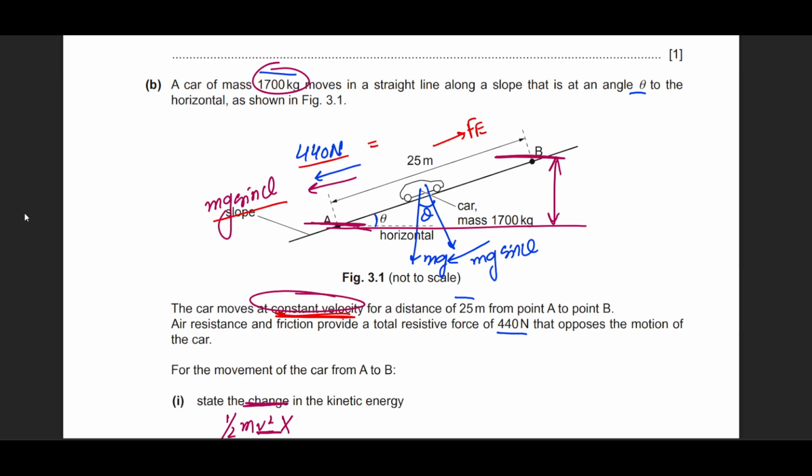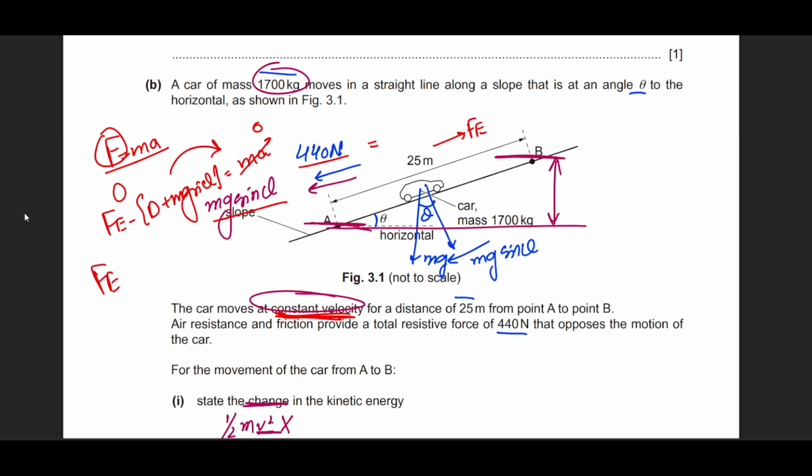Only then the resultant, according to F equals ma, becomes 0. The pulling force of the engine minus all the drag components plus the mg sine theta equals ma. This becomes 0 because the acceleration is 0, the velocity being constant. So we realize that the force of the engine is actually equal to all the resistive forces acting backwards. Only then this can happen, right?